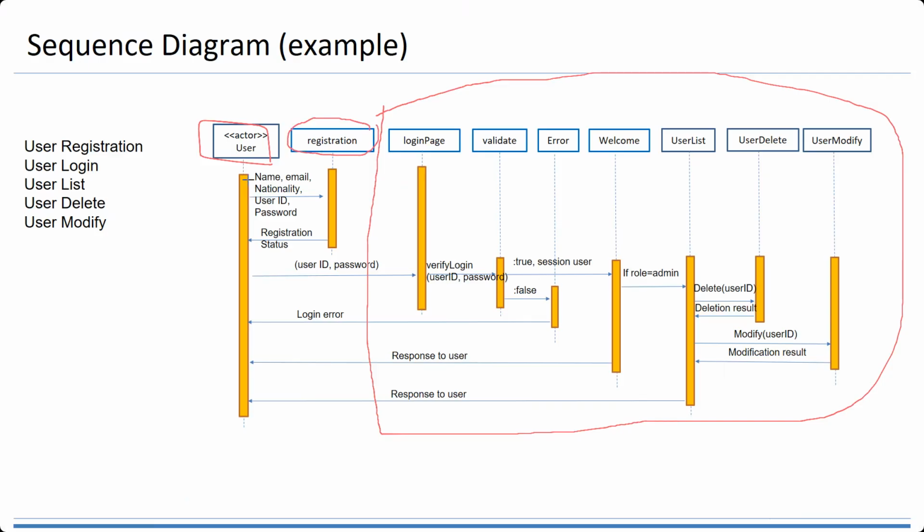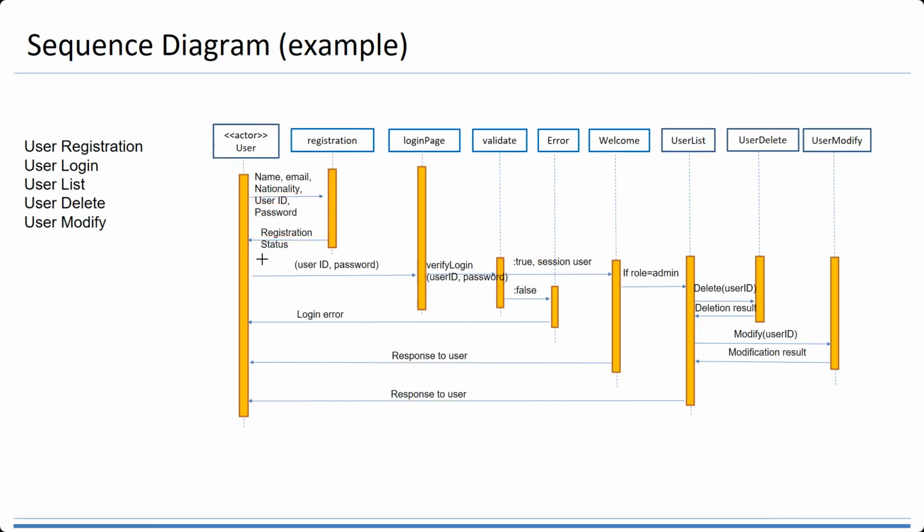Once the user registers his name, email, nationality, user ID, and password, then if everything goes well, it will return a message, the registration status, whether it is a success or not.